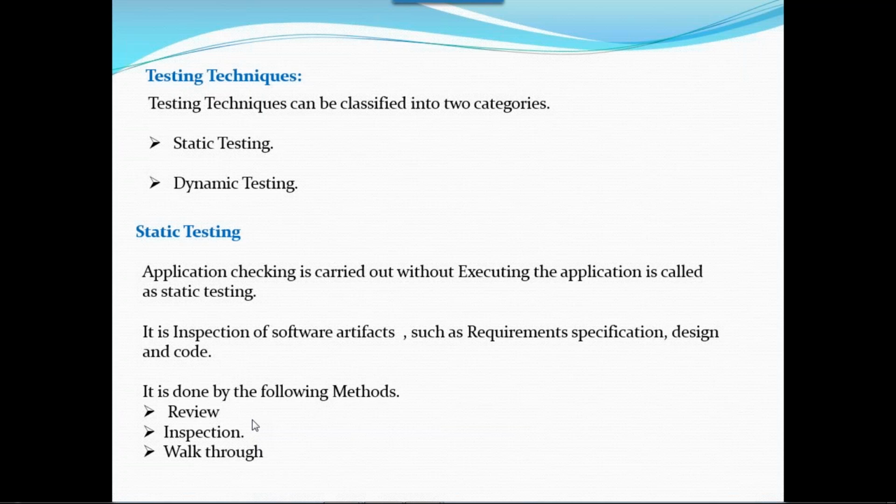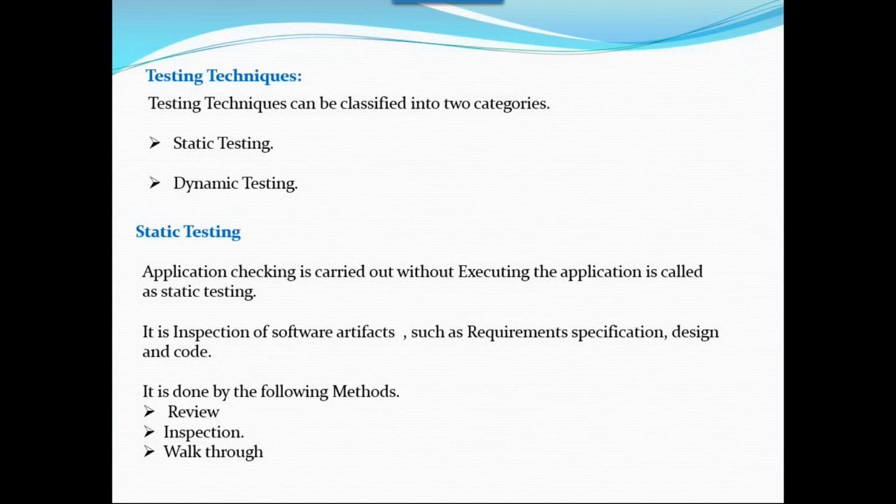Understanding, right? So this is one of the most important ones, guys, static testing. Static testing means simply that without executing the application, we can call it static testing. What about dynamic testing? What is the meaning of dynamic testing? Dynamic testing means with execution.